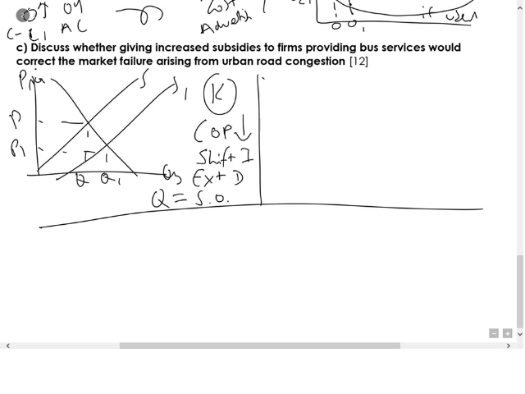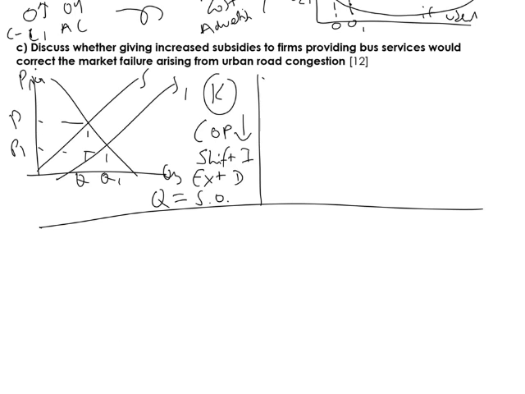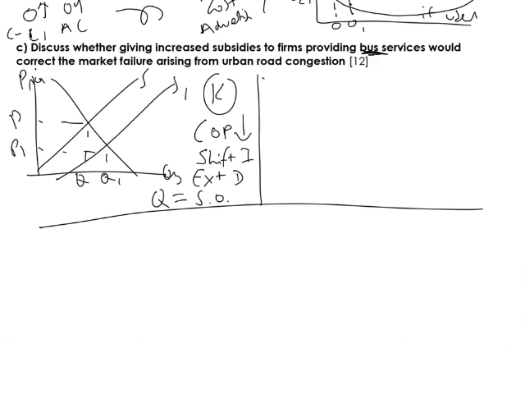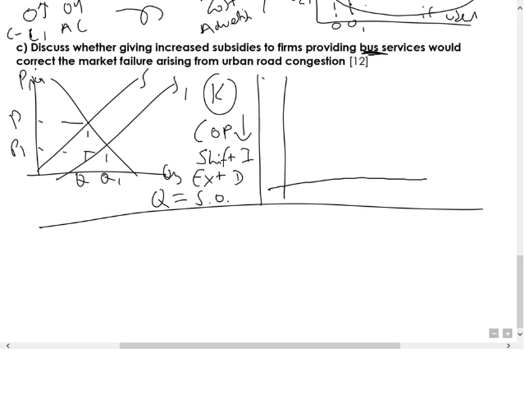and that leads to the quantity getting to the socially optimum. If you wanted, you could do a combined positive externality and subsidy, assuming that bus services are a positive externality because they use less emissions than cars. You could say why it doesn't work, similar to a tax of making demand inelastic and having a very small increase in quantity from the fall in price.